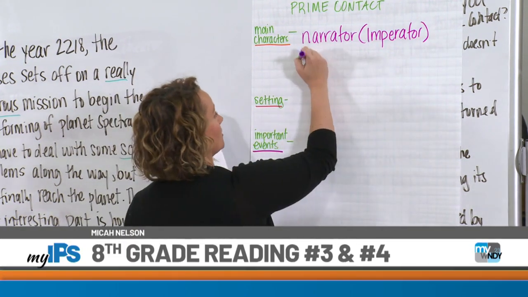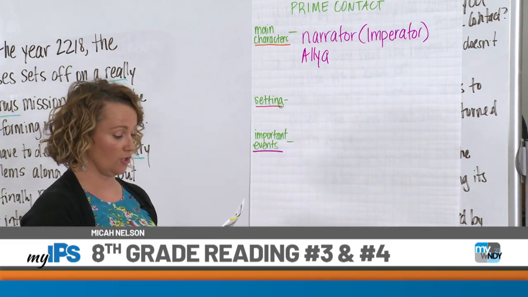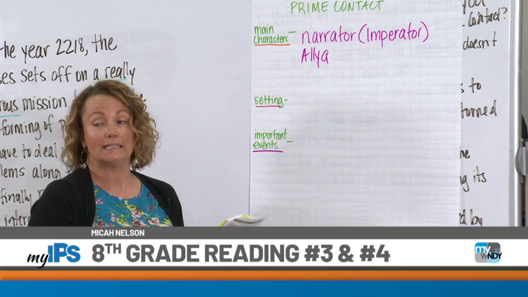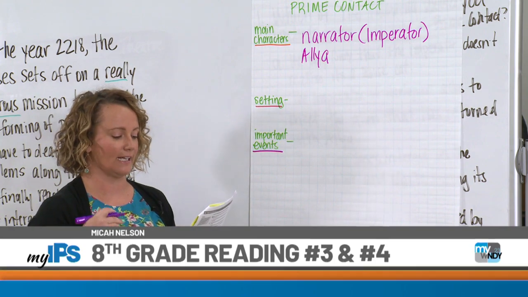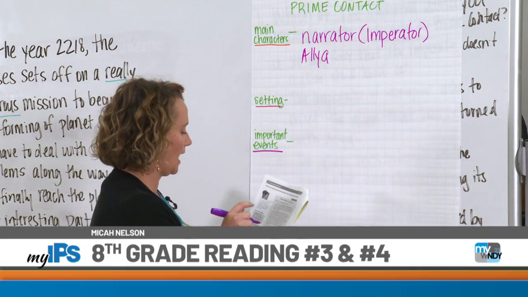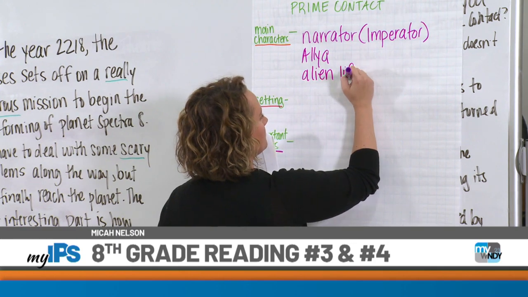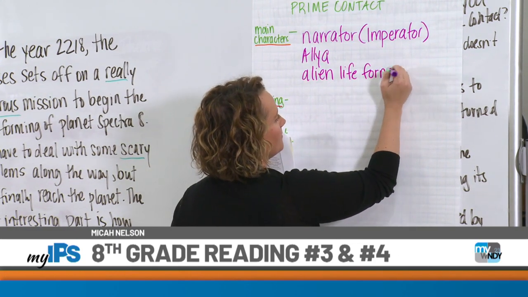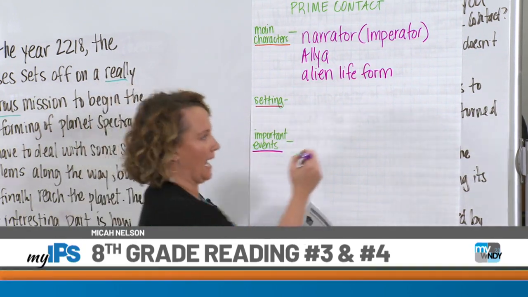We also know there's Elia, the person who traveled to another planet, which in the story is called the 3rd planet from the central star, so be thinking about that. And we also have the alien life form, who we know in the end of the story turns out to be a cat.